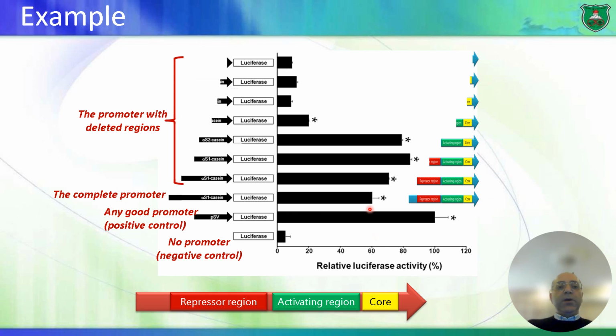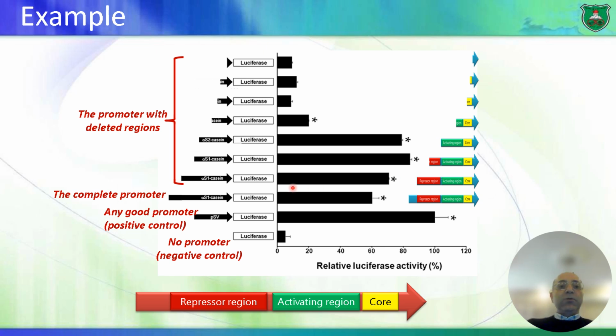Then what I start to do is remove pieces of DNA, pieces of the promoter region. So I start removing the repressor region. What do you think would happen? If I remove the repressor region, I should see an increase in expression, because now there are no repressors that can bind to the promoter and inhibit the expression of the luciferase gene.